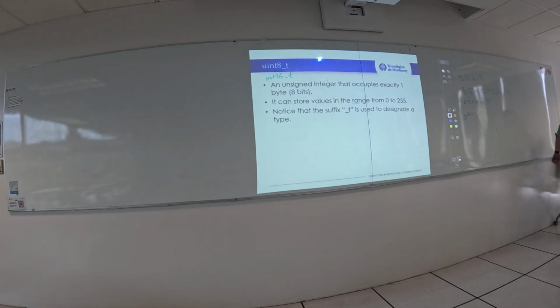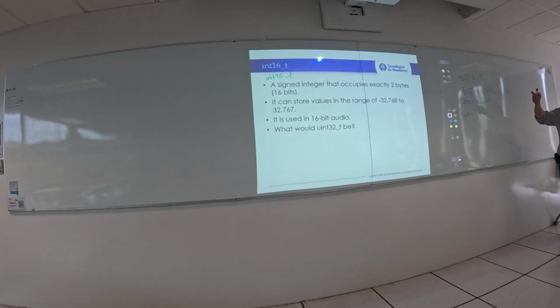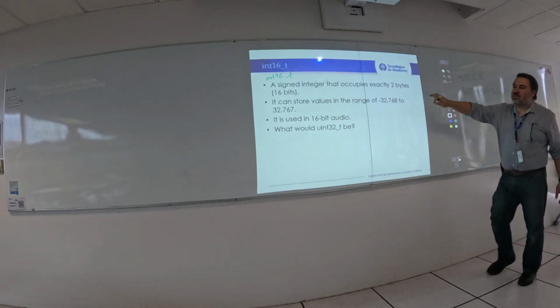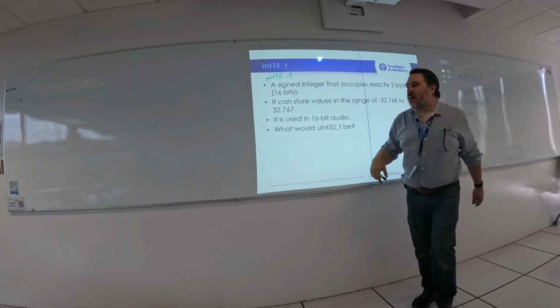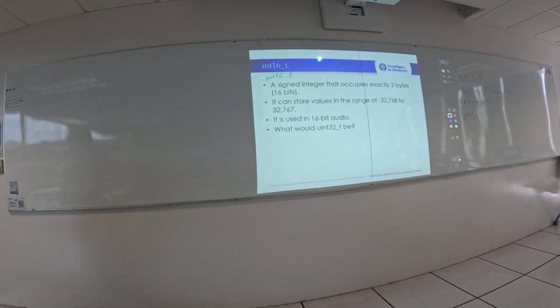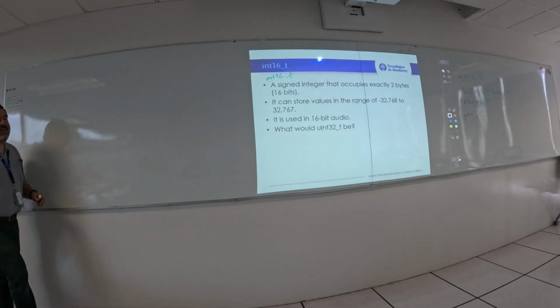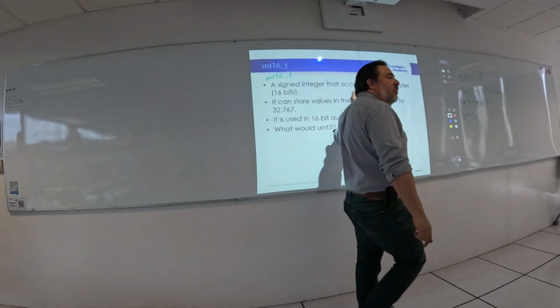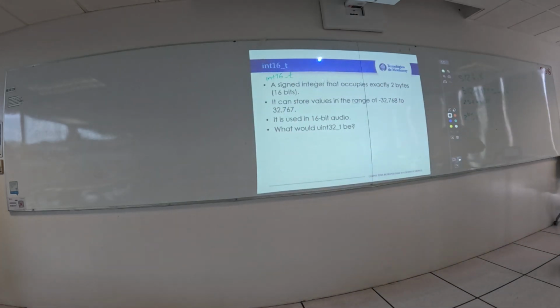We also have, as I mentioned, int16. This is the values on the range that it goes, right? We have int32. Okay? So we have a lot of variables that we can define. And each one of these changes the way that we use memory.